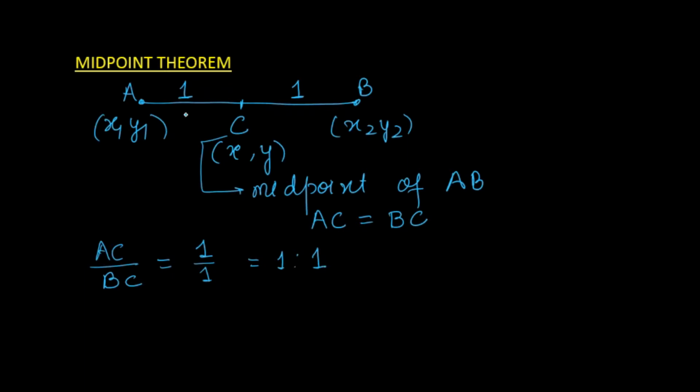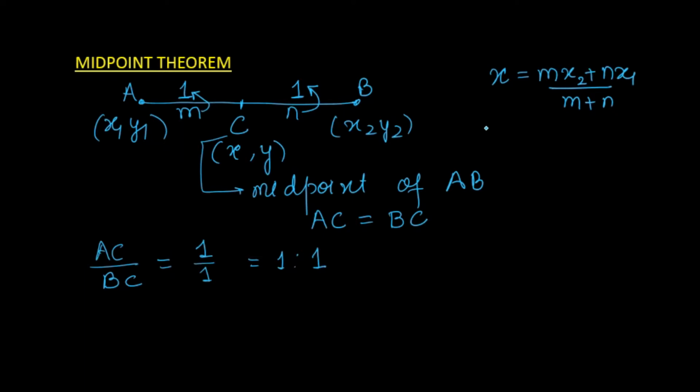Suppose this ratio is m:n. Then according to the section formula, the x coordinate of point C is given by m into x2 plus n into x1 divided by m plus n. And in our case, m has become 1 and n has become 1 because C is the midpoint.